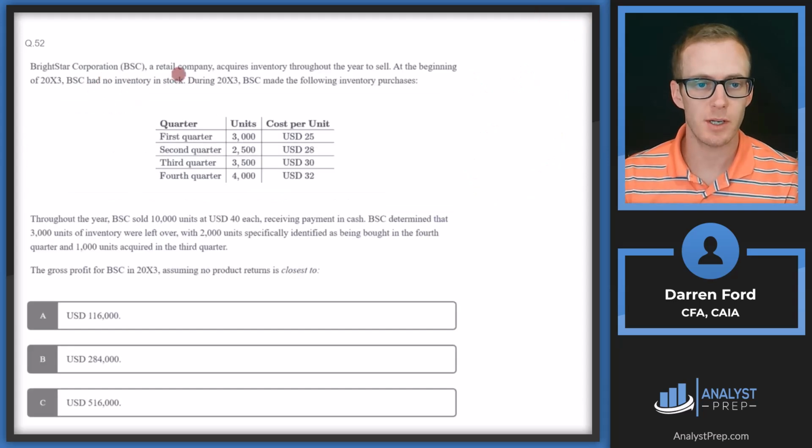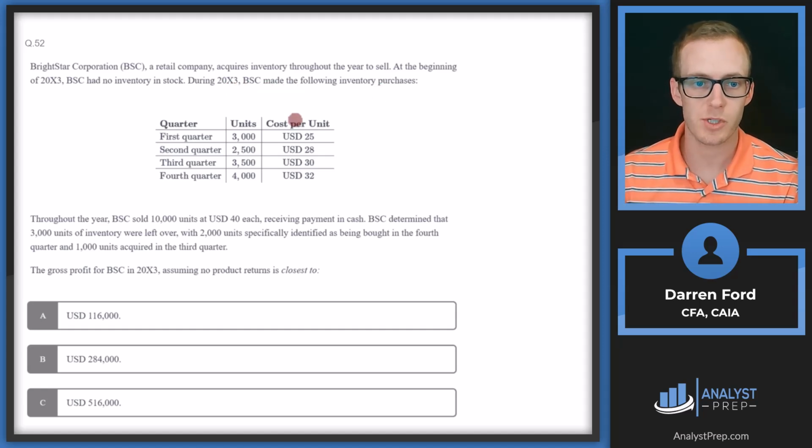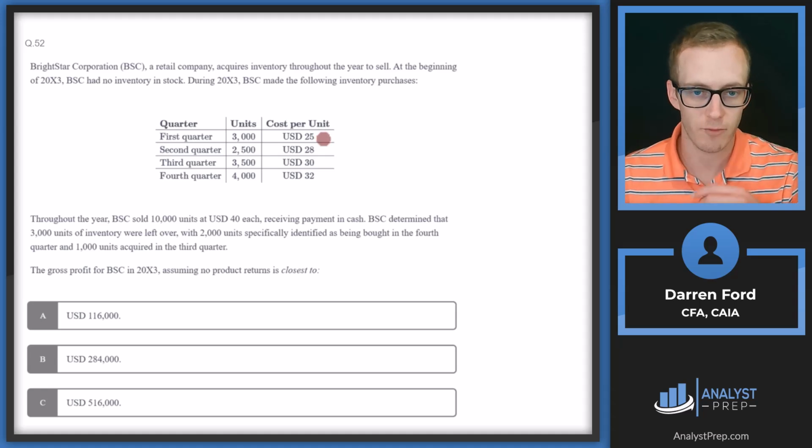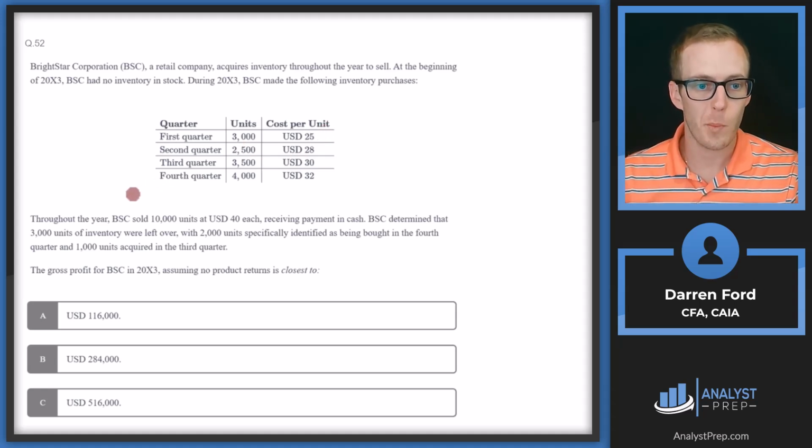Bright Star Corporation, a retail company, acquires inventory throughout the year to sell. At the beginning of 2023, let's say, BSC had no inventory in stock. During 2023, BSC made the following inventory purchases. So we have first quarter, we bought 3,000 units at 25 per unit, and so on and so forth through the fourth quarter.